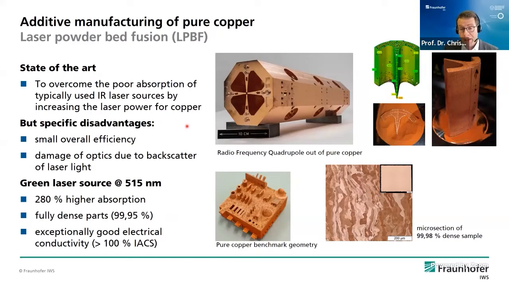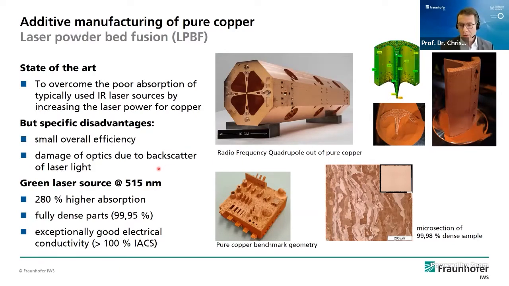And the problem with additive manufacturing, of course, has been so far that the infrared laser sources need a lot of energy and a high energy input during the processing, which leads to a small overall efficiency, and also the danger of damaging the optics due to the backscatter of laser light.